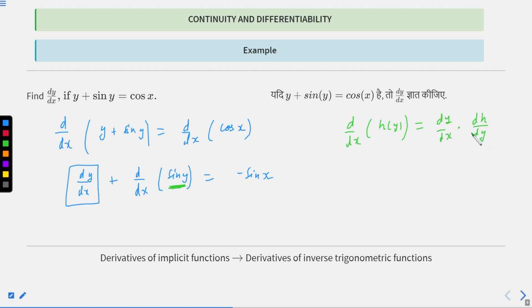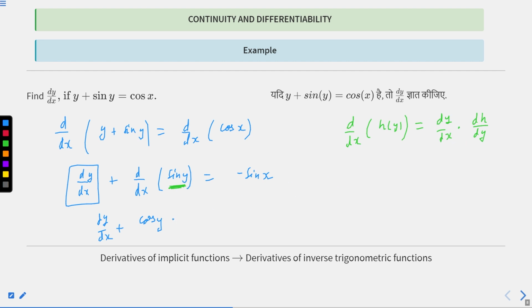This means you have here dy by dx plus, first you differentiate with respect to y, which becomes cos y, and then multiply with dy over dx.